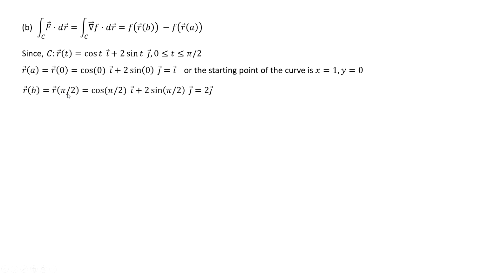So r of pi half is cosine of pi half i plus 2 sine of pi half j. Because sine pi half is 1 and cosine pi half is 0, we end up with 2j, which is the ending point of the curve. The starting point happens to be just i. Is that the same as 1i plus 0j? Is that the same as x equals 1, y equals 0?